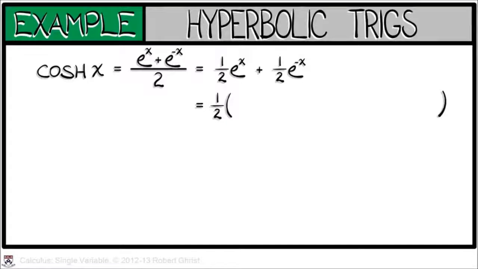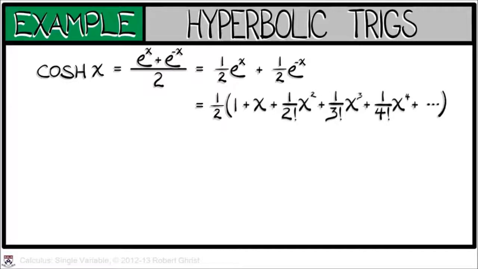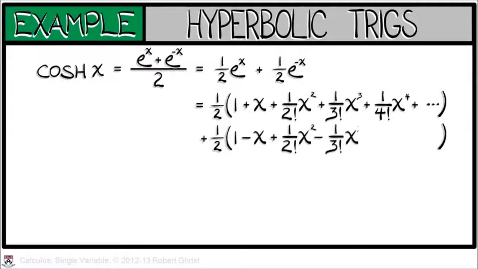Instead of trying to take derivatives, we'll simply substitute in the known series for e to the x, multiply by 1/2, and then add to it 1/2 times the series for e to the minus x, which of course is the Taylor series for e to the x with minus x substituted in, leaving negative signs at the odd powers of x.